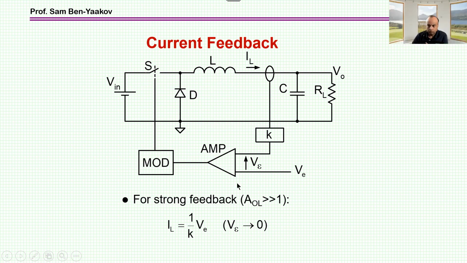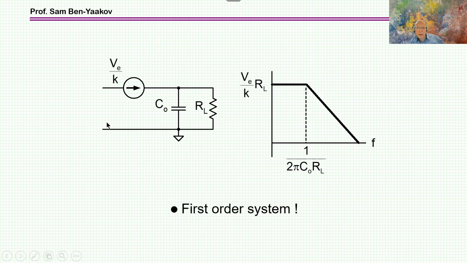By that, one can understand that what is really happening is that you are losing the inductive effect of the inductor. It's now behaving like a current source, because it is following this signal, provided that you have a good feedback loop here.